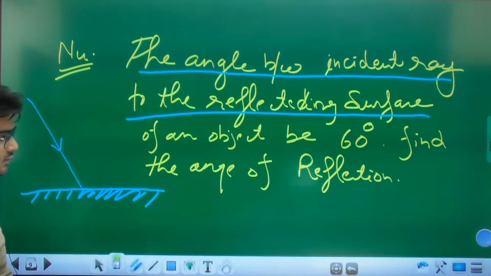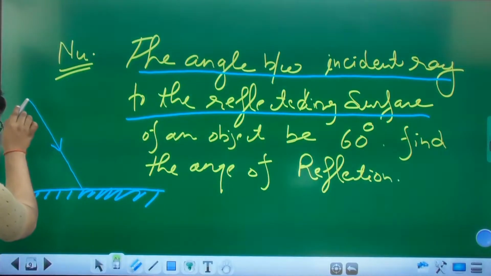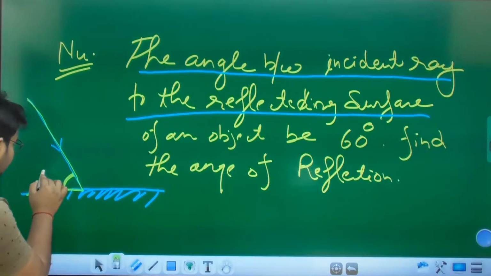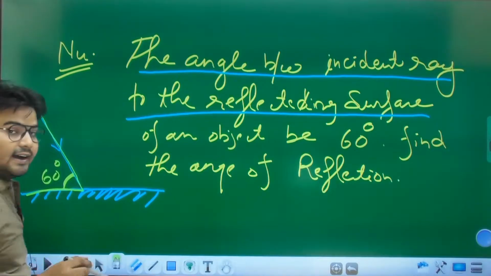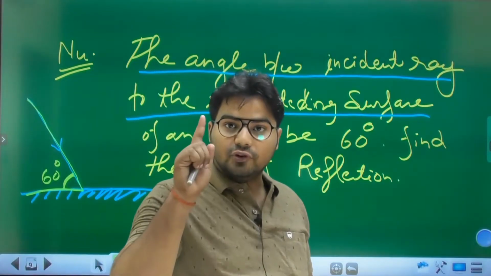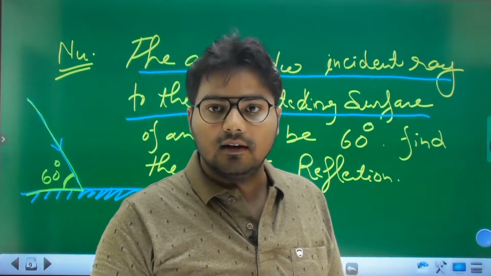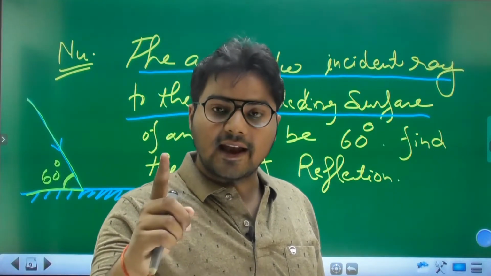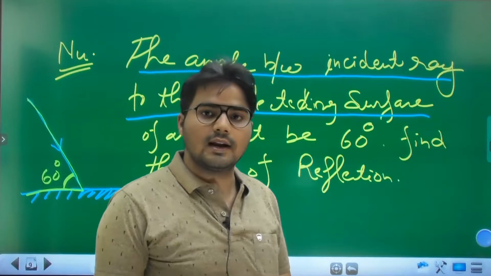In the question, the given angle is this one, and I already told you that you will not take the angle between reflecting surface and incident ray. The incident angle is always between the normal and the incident ray.